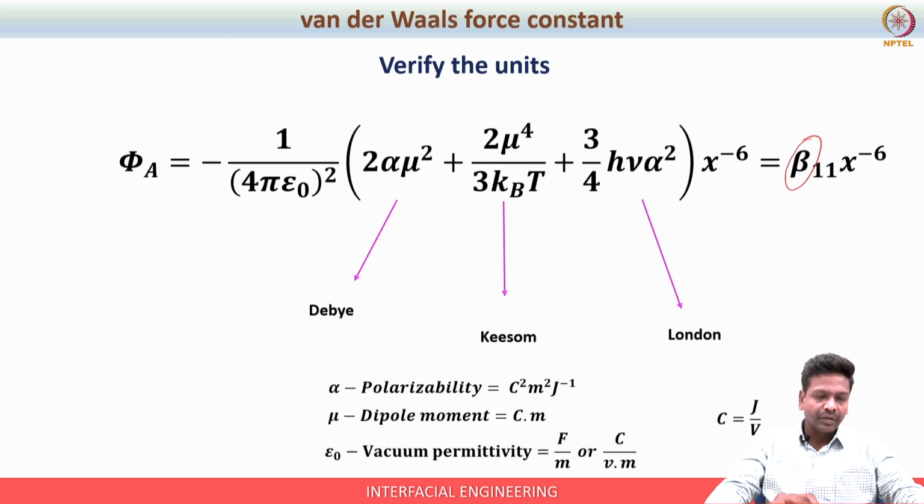So eventually you will have the unit of the interaction potential energy as joule. Because this beta carries with it three distinct terms, depending on the situation sometimes all three terms exist, and sometimes one or two terms exist. But it is very important to always check the unit consistency.